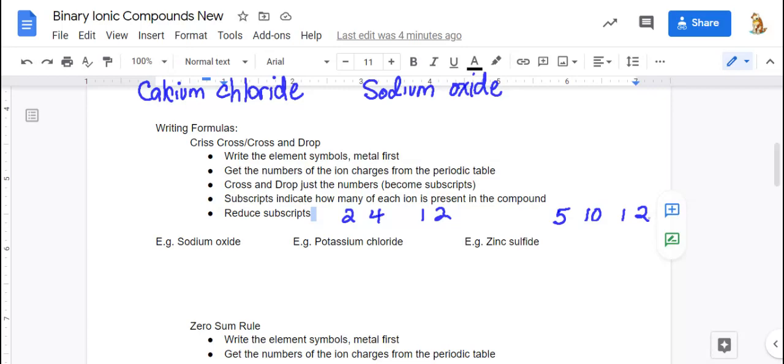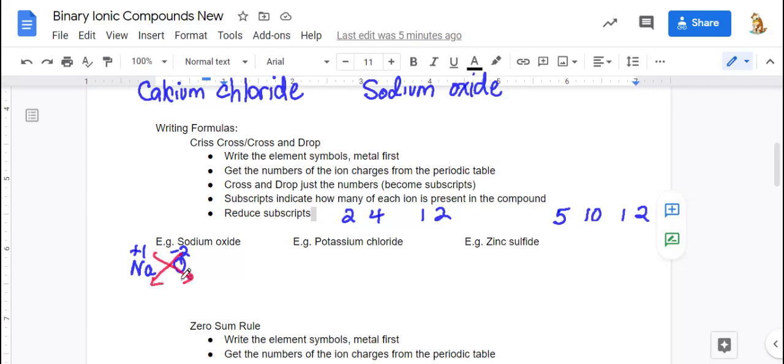So the first example, sodium oxide. So sodium is Na and oxide is oxygen, so it's an O. From the periodic table, we know that this is group 1, so it's a +1. And this one is group 16, so it's -2. And then what you do is you cross and drop the numbers.